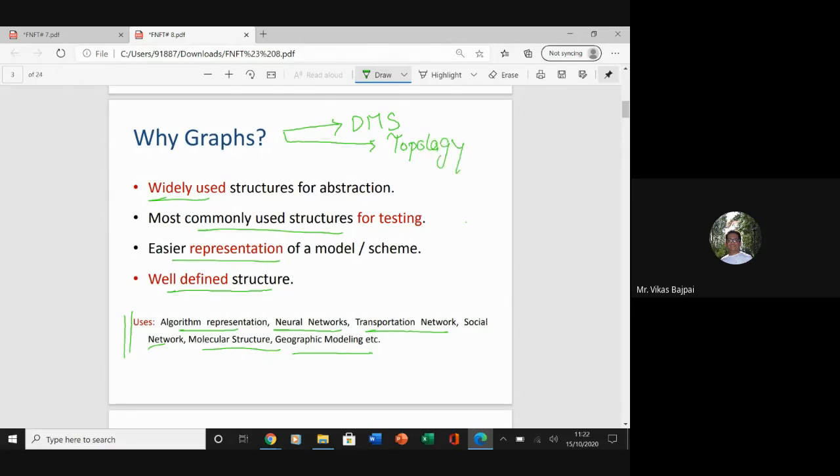That means in your computer networks, you deal with graphs. Then you can have a relation that can be represented with the help of a graph. Then I can have a function that can be represented with the help of a graph. So I guess you have already gone through these things. Even in discrete mathematics, I guess a separate unit talks about graphs only.